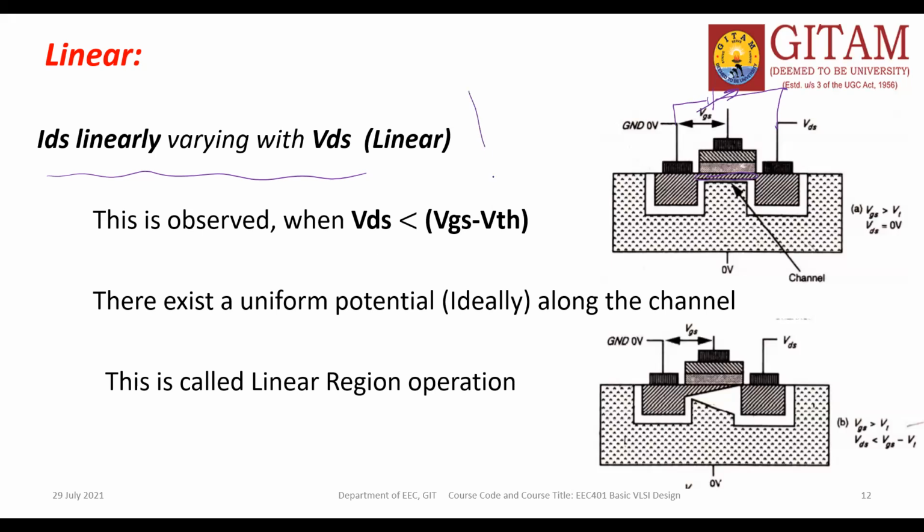This relationship holds good up to a certain point, below the value of VGS minus Vth. So when VDS is less than VGS minus VTH, the linear relationship exists. Whatever value of VDS we apply will be reflected as the IDS value for a MOS transistor.